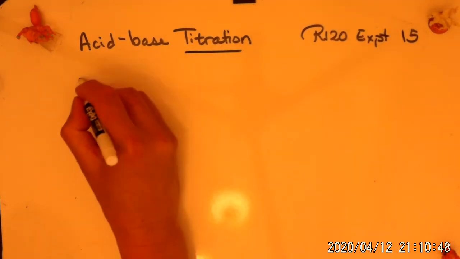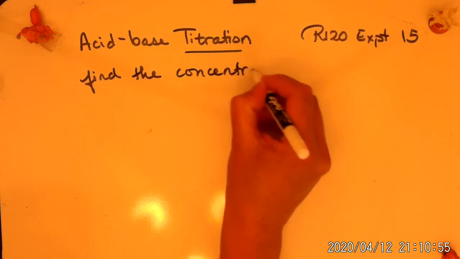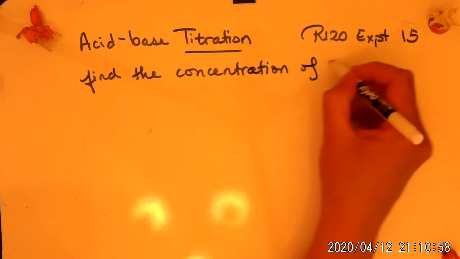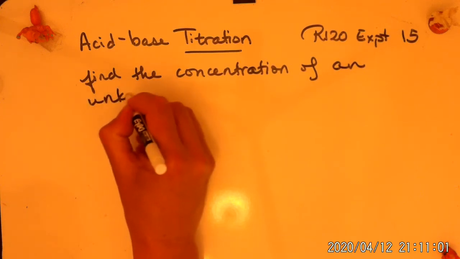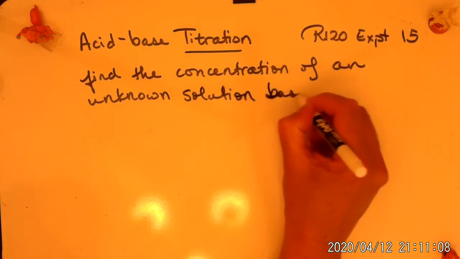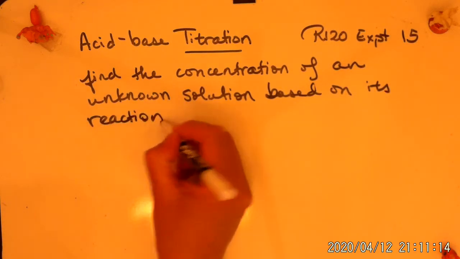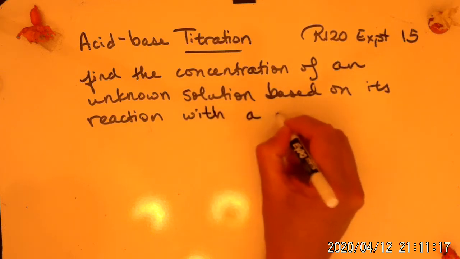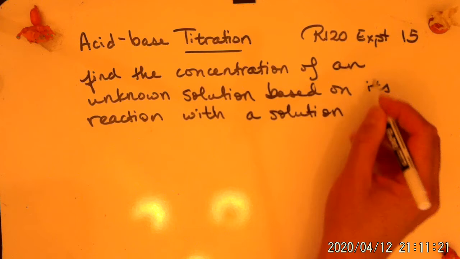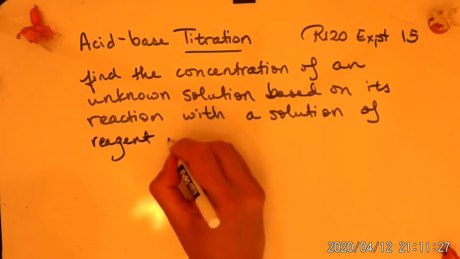So let's go through acid-base titration. Remember, a titration is to find the concentration of an unknown solution based on its reaction with a solution of reagent with known concentration.